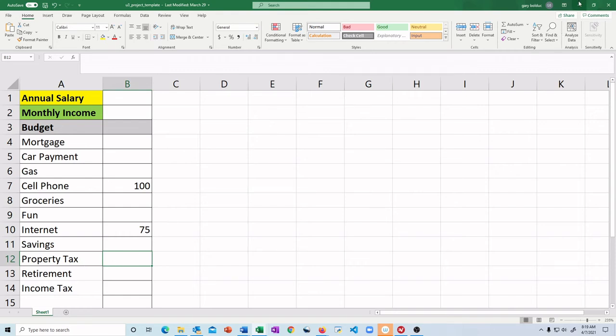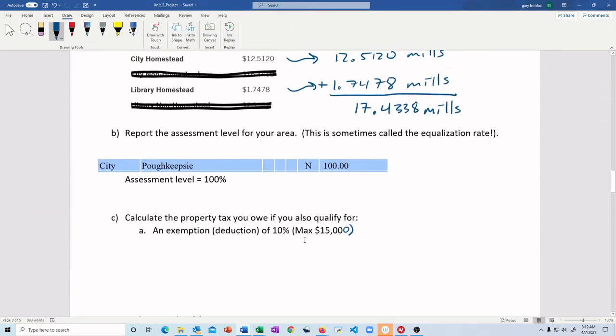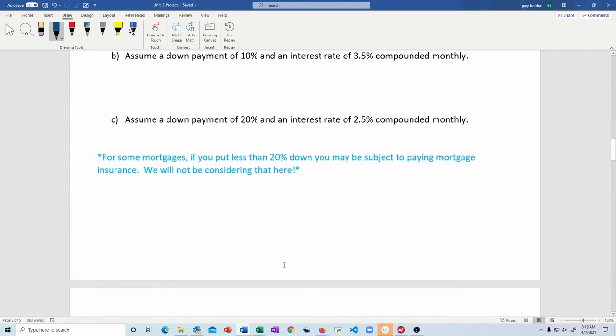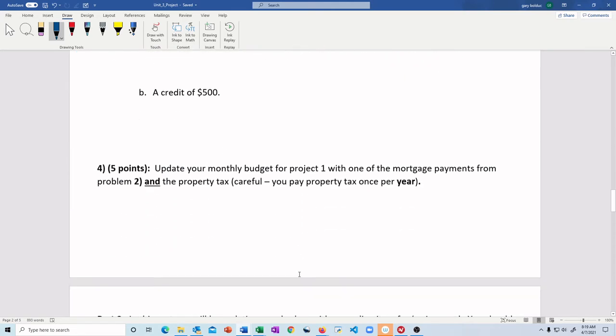Put that in there. Careful though, this is a monthly budget. Property tax happens once a year. But I'm trying to budget per month. So be careful thinking about how to plug this in. The mortgage payment is given per month, but you calculated 3 of them. Pick one. Whichever one you want, pick that one to plug in. Okay? Boom, you've updated it.